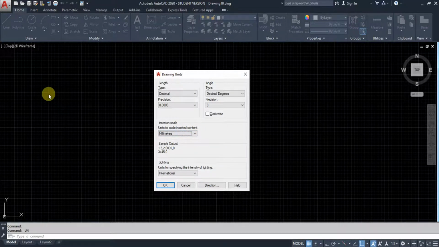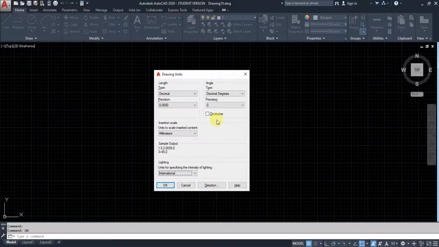And AutoCAD is a 3D workspace also. If you want to specify the lighting, we can choose its unit as international or American.